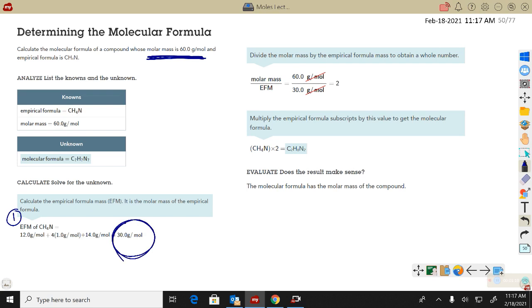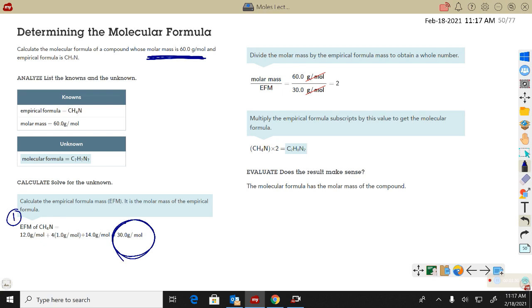Okay, well now I know that the real molecular formula is going to be some multiple of 1, 4, 1. So the original formula had a ratio of 1, 4, 1. Eventually I'm going to multiply that by 2 or 3 or 4. Is it going to be double, triple? I don't know.